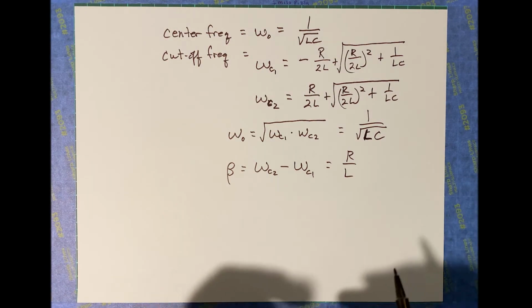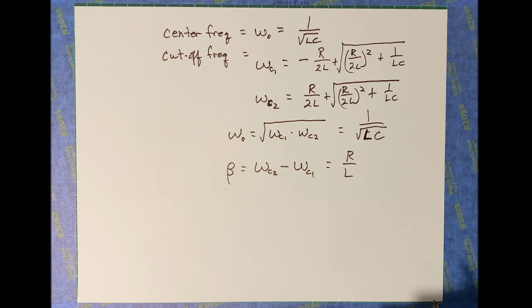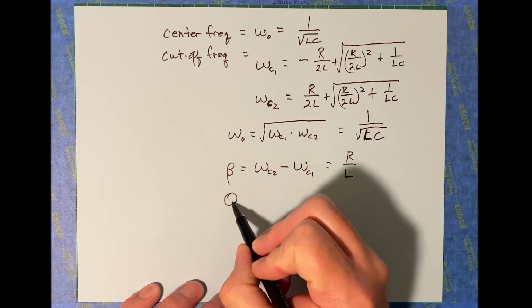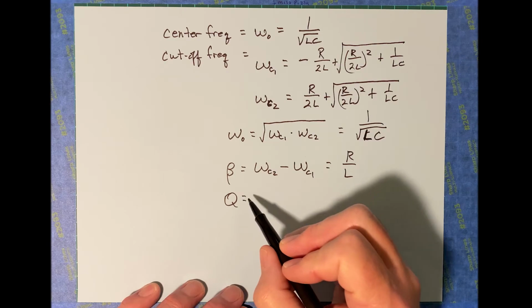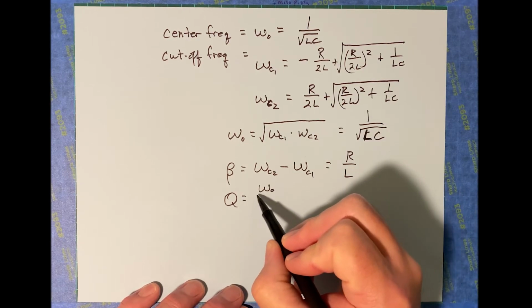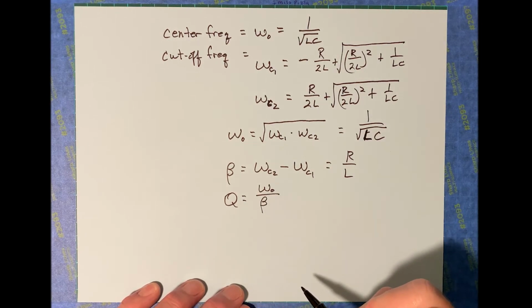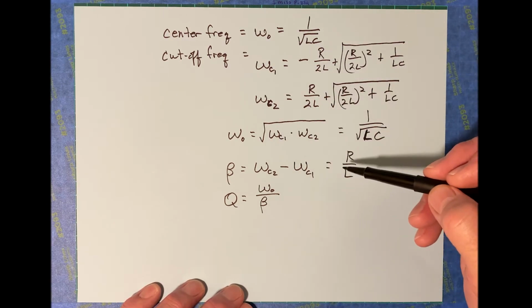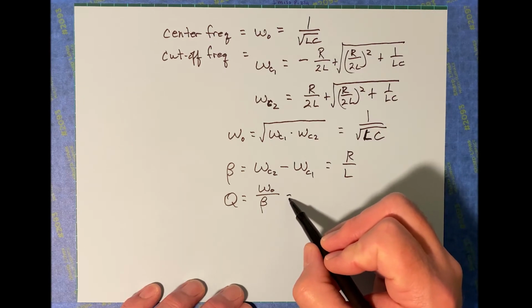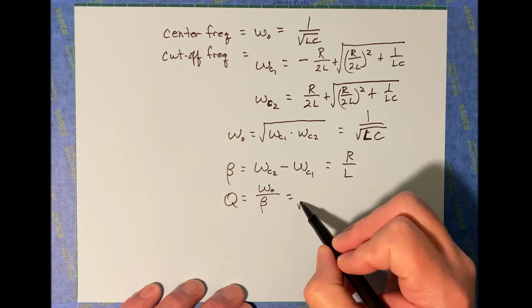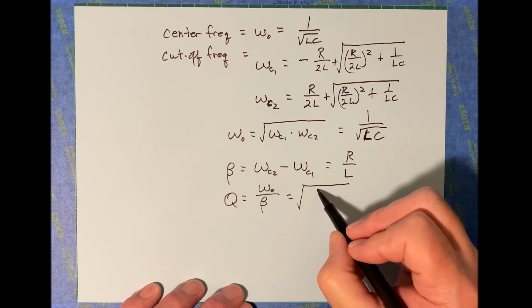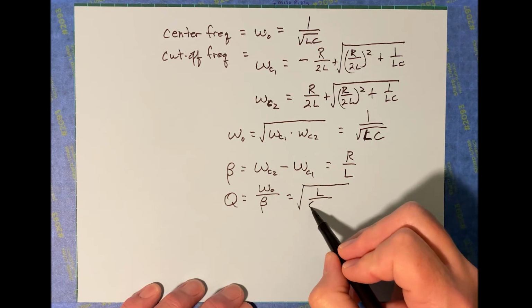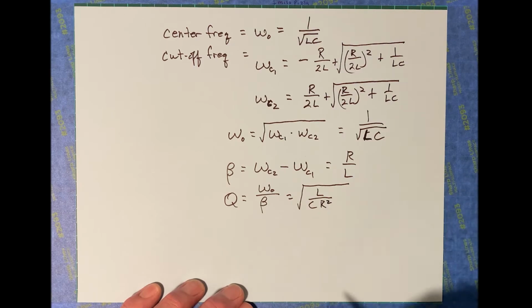So there is something that represents the quality factor, which is the ratio of the center frequency to the bandwidth. So the quality, which we'll just call big Q here, is the ratio of the center frequency to the bandwidth, like that. So if you take your omega naught here, take your beta, and take the ratio of those two, this turns out to be square root of L over C R squared.